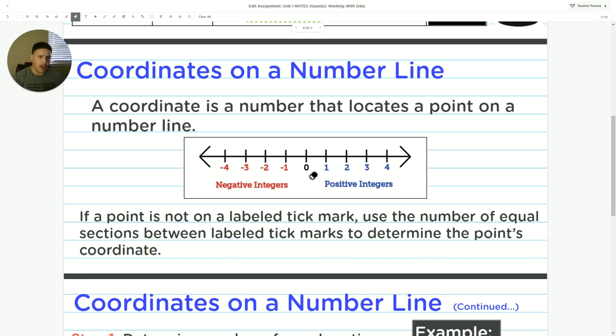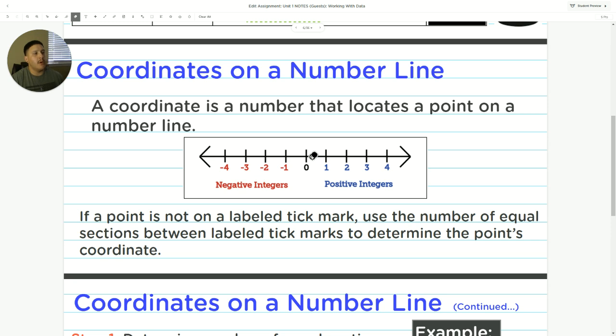Sometimes you're going to have to interpret where that point is depending on a number of things, depending on whether there's tick marks involved, depending on whether its overall position is over a halfway point or under a halfway point, whatever. Okay, it's your job to figure out what that number is using different types of interpretations. So this number line, for example, has negative numbers and positive numbers.